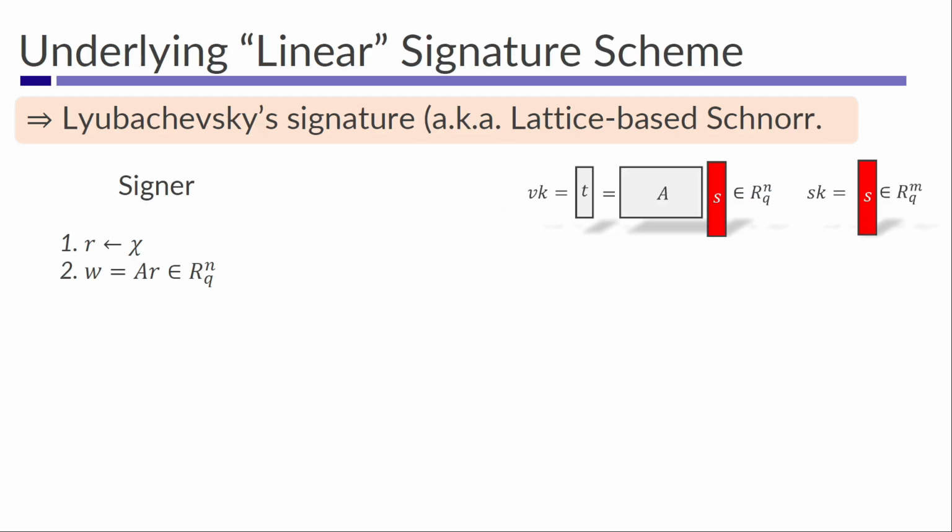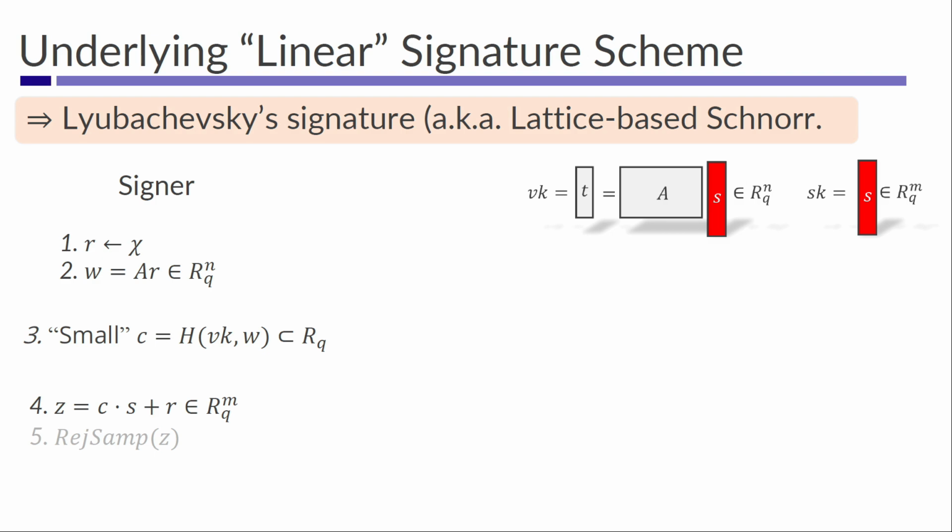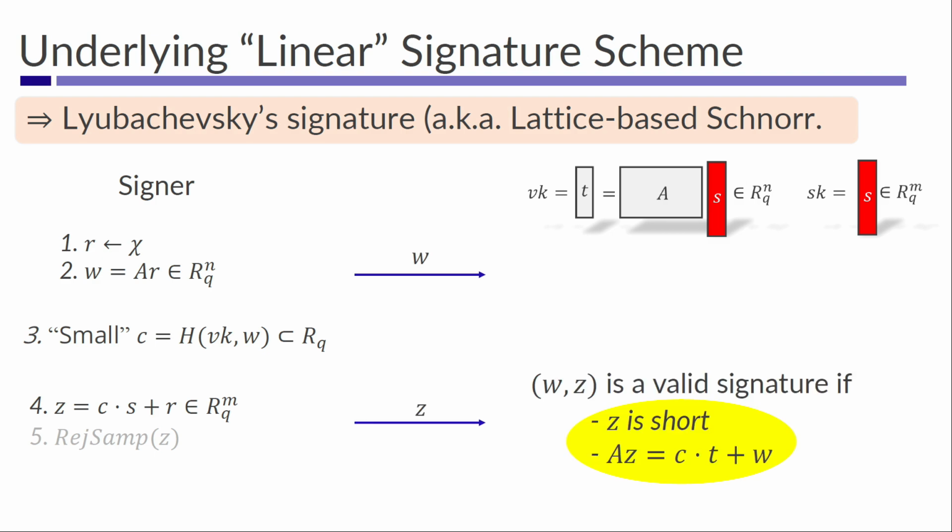So once we have this secret sharing scheme, what we also need is a linear signature scheme. For this, we can just use Lyubashevsky's signature scheme, which is basically a lattice-based Schnorr. The signer will sample some randomness R, create a commitment W, and hash it to get this small challenge C. Eventually, the response is going to be the normal C times S plus R. I won't get into the details about rejection sampling, but I will get back to this later.